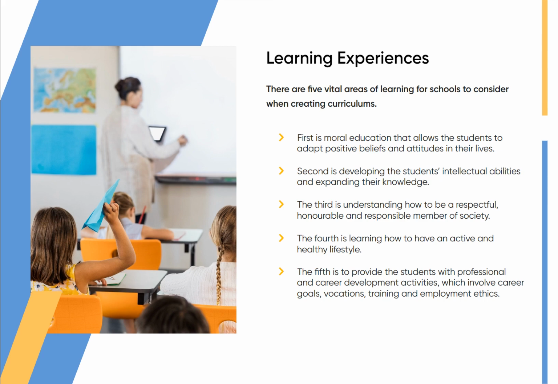The third is understanding how to be a respectful, honorable, and responsible member of society. The fourth is learning how to have an active and healthy lifestyle. The fifth is to provide the students with professional and career development activities which involve career goals, vocations, training, and employment ethics.